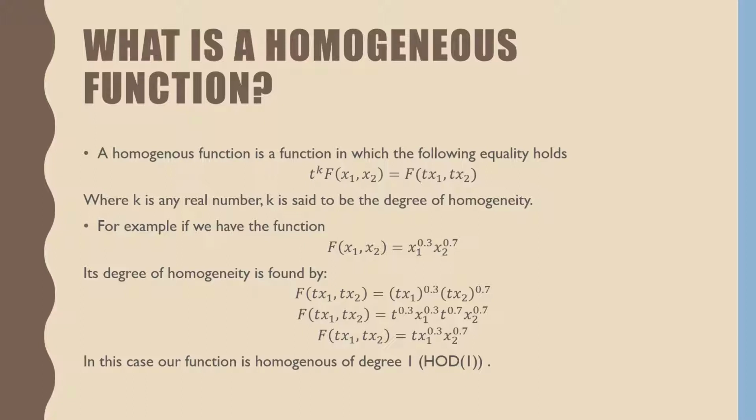Following the math along, we're able to derive the function t times x1 raised to the power of 0.3 and x2 raised to the power of 0.7, meaning that we're able to consolidate t into one term. In this case, our function is homogeneous of degree 1, or HOD of degree 1.